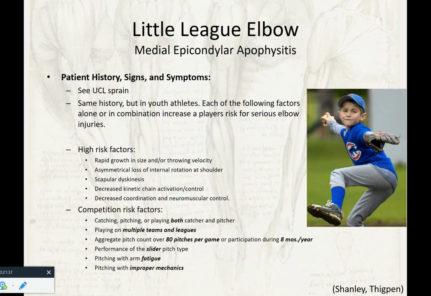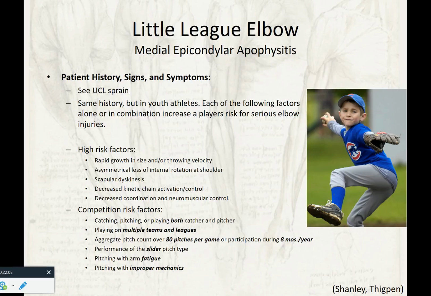Patient history, signs, and symptoms. The same history as a UCL sprain, but in youth athletes. Each of the following factors alone or in combination increase a player's risk for serious elbow injuries. High risk factors include rapid growth in size and/or throwing velocity, asymmetrical loss of internal rotation at the shoulder, and actually the newer studies are now showing that it's an asymmetrical loss of both internal rotation of the shoulder and horizontal adduction.